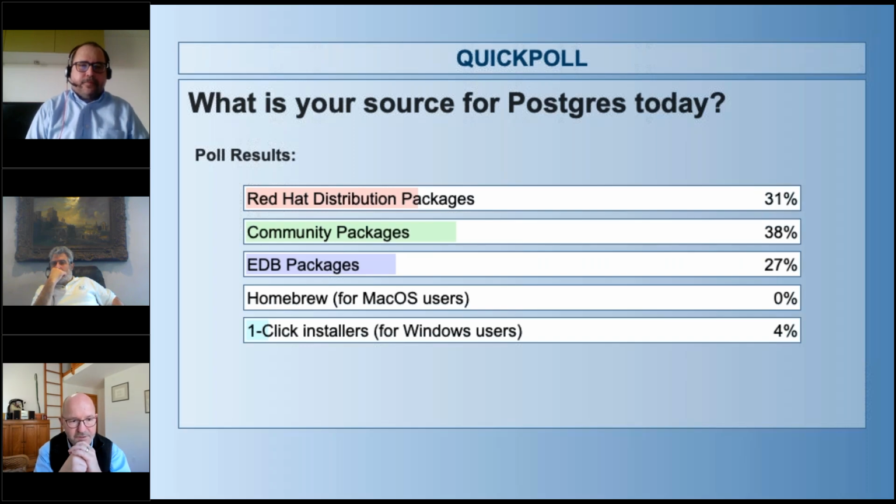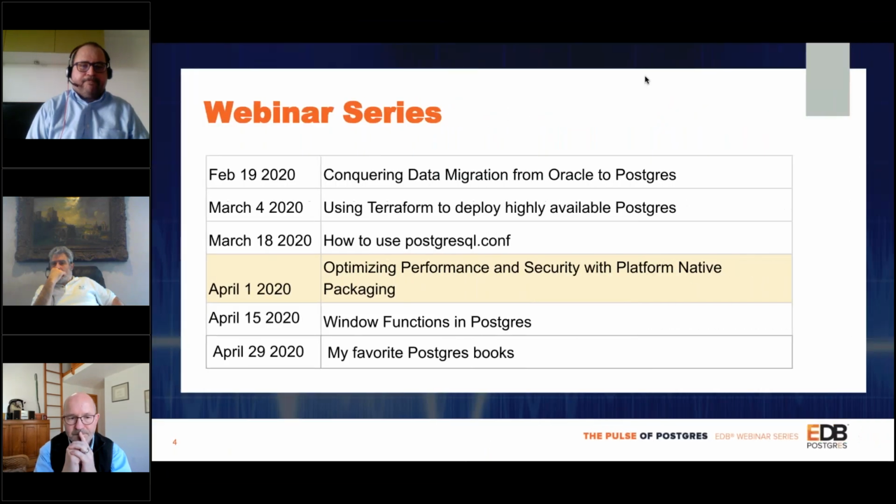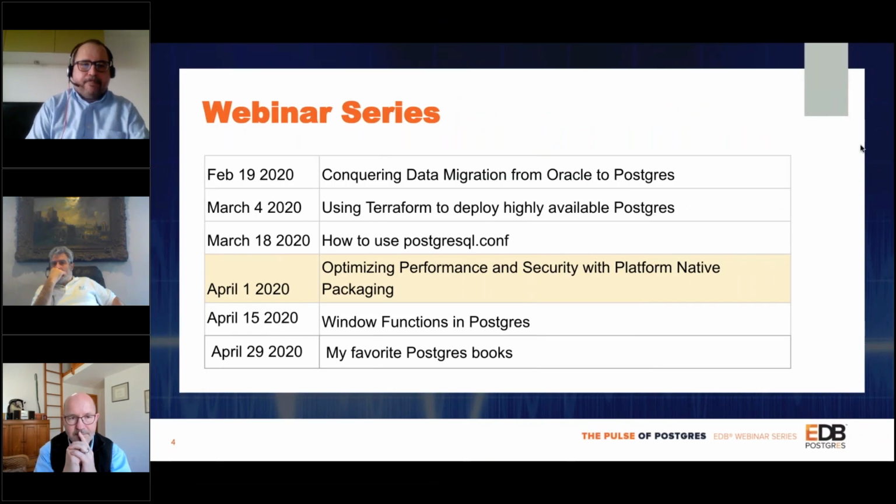So this aligns very much with what we're seeing. Yeah, we're seeing very little Mac OS usage. We see some one-click installers for Mac, but very little with Homebrew. So thank you very much.